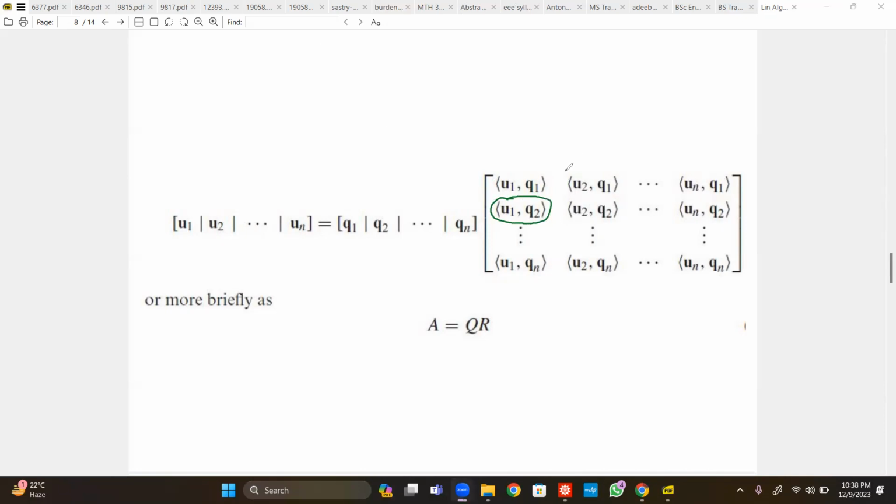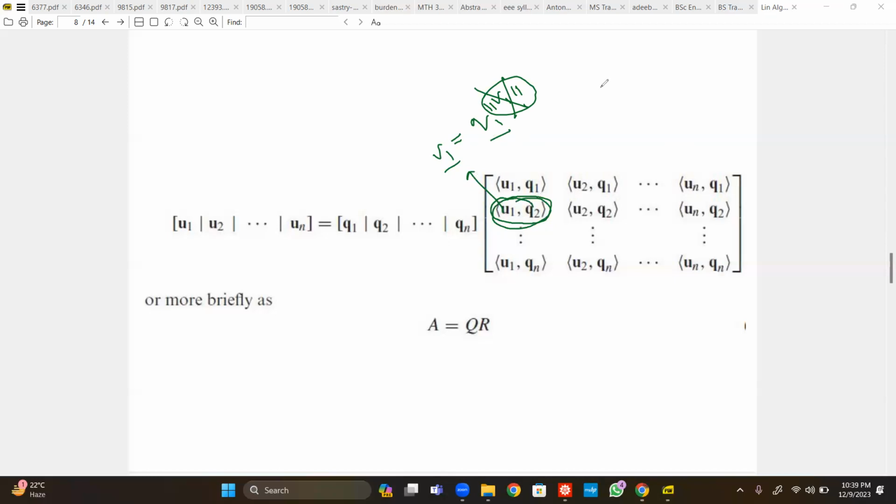Since we have already orthonormalized, U1 is simply V1, and V1 is simply Q1 multiplied by the magnitude of V1. So this is a scaled version. In terms of direction, this doesn't matter at all. This contributes nothing. So direction-wise, V1 and Q1 are the same. In that sense, this is in a way Q1.Q2, just a scaled version of Q1.Q2.